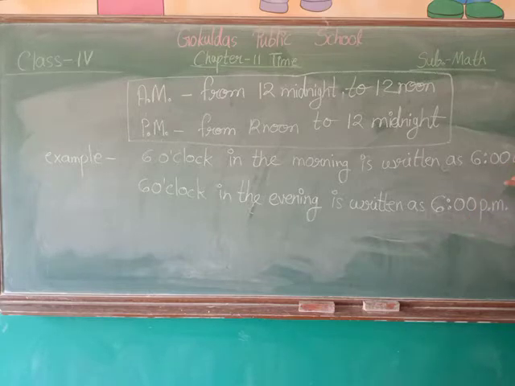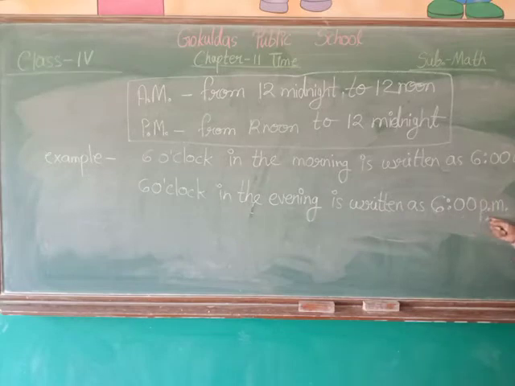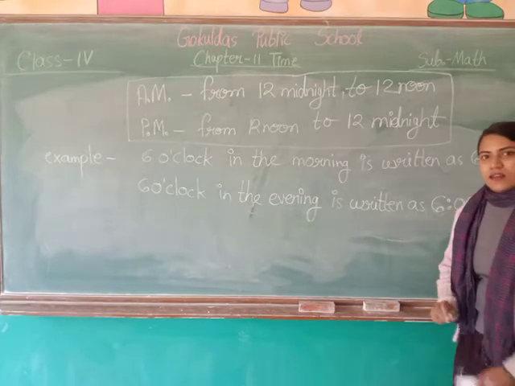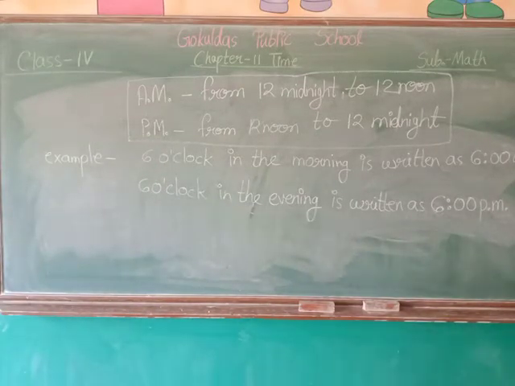If you see 6 AM written somewhere, it means it is representing 6 in the morning. If you see 6 PM written somewhere, what you will analyze? It means it is the timing in the evening. Okay? So note down these also. So it is all about 12-hour clock format.